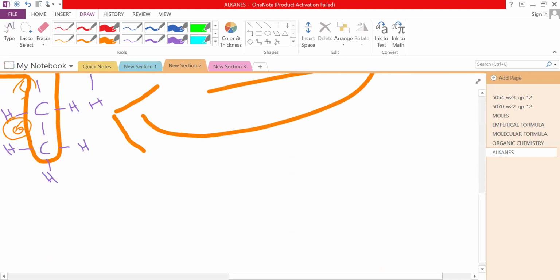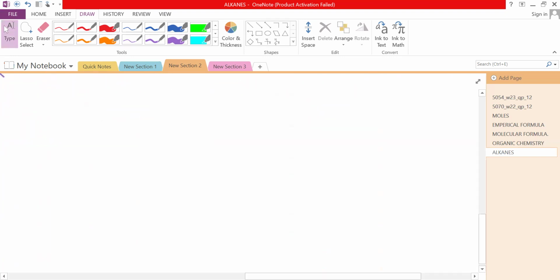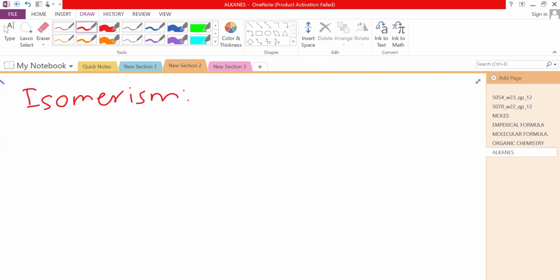Now let's move towards isomerism. What is this? Isomers. I hope you have heard the term isomers, and this is the thing I'm going to tell you. In organic compounds, having same molecular formula but different structure formula are known as isomers.